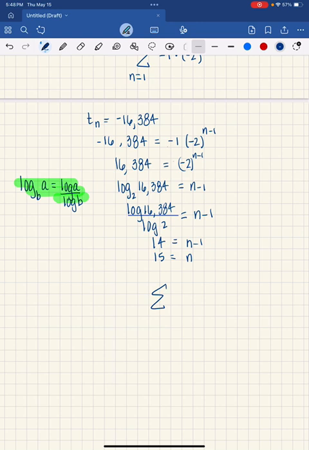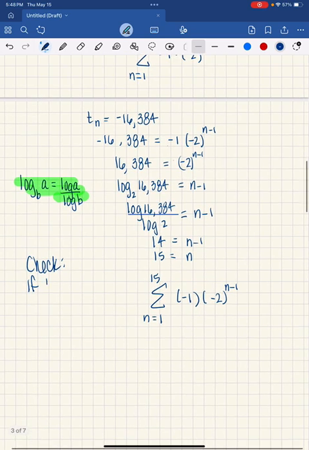Well, wait a second, Ms. Babiak. You said that we were going to temporarily ignore that negative. Okay, so here's what we're going to do. Let's check. When you plug in 15, do you get negative 16,384? If n is 15, is t sub n negative 16,384? And if it's not, then I'm going to have to alternate that, k minus 1, k plus 1.